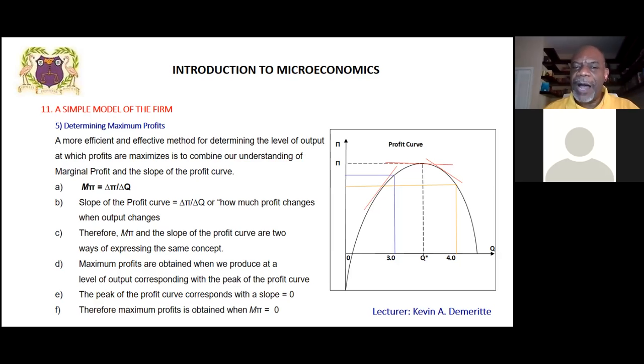If we can have a marginal profit equal to 0 equation, and if we can somehow solve such an equation for a Q, we will know the Q that we're looking for. So ultimately, that is what we want. As a business, we want to know what is the level of output at which our profit will be maximized. And our profit will be maximized at a point where our marginal profit is equal to 0.